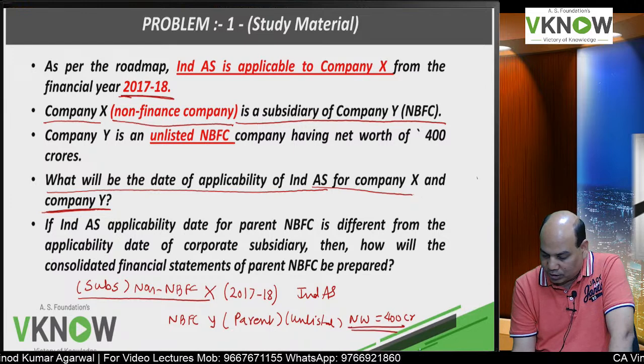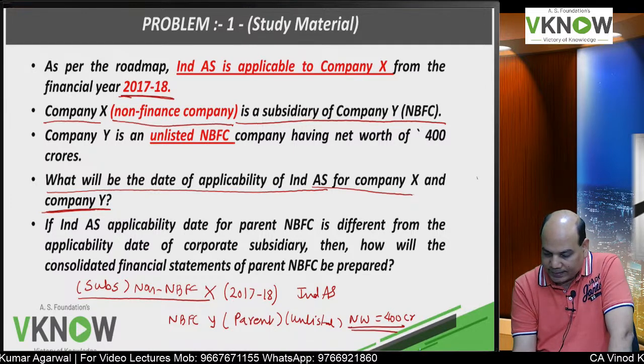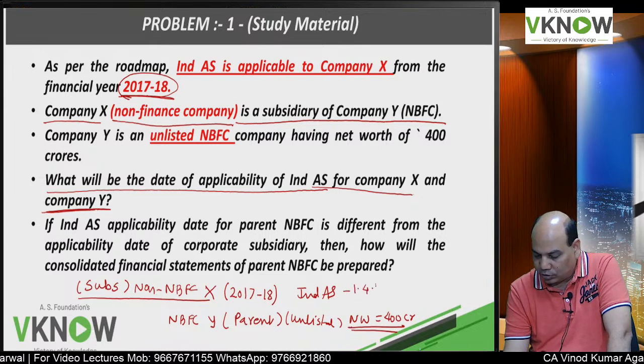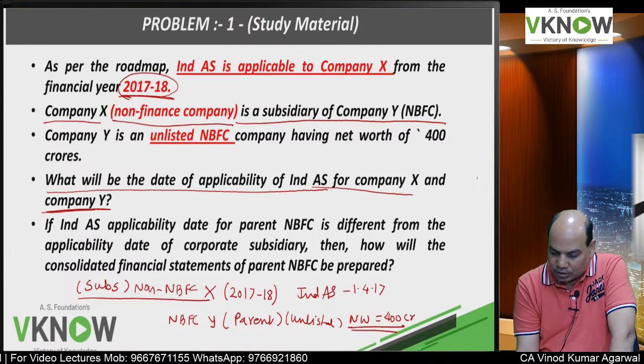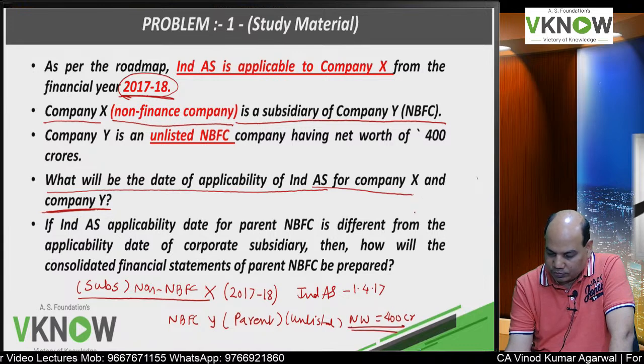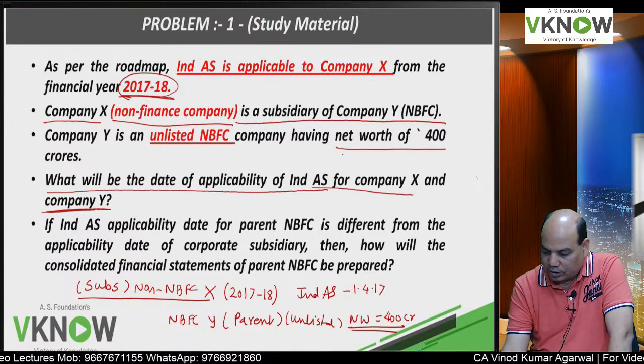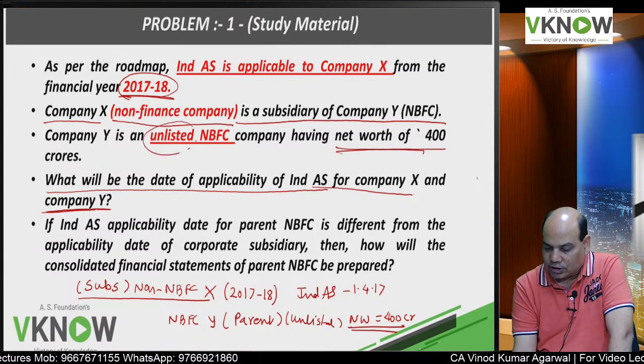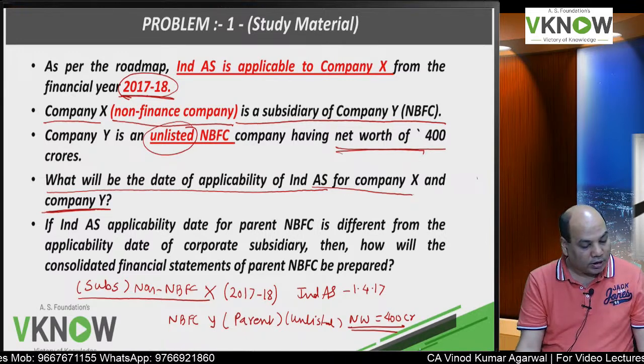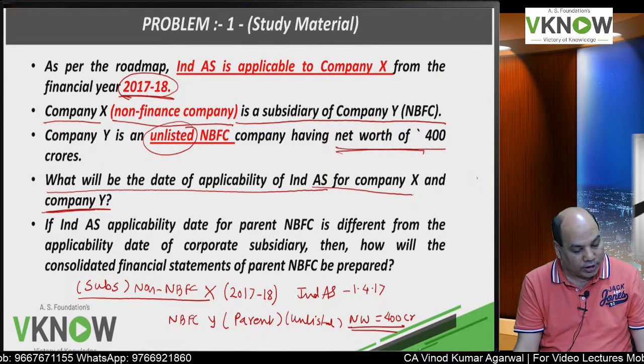So company X is already given in the question, so it will apply from 1/4/17. And what about Y? Net worth is 500 crore, but it is an unlisted company. So can it apply Ind AS from 1/4/18?